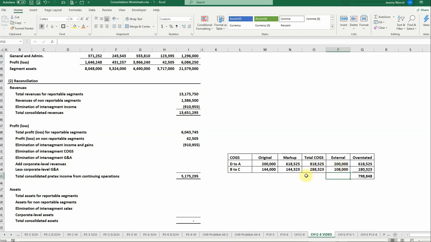That means out of this 288,000, 180,000 was overstated, and you can see that, just the difference between the two. So we have overstated cost of goods sold of 798,000.